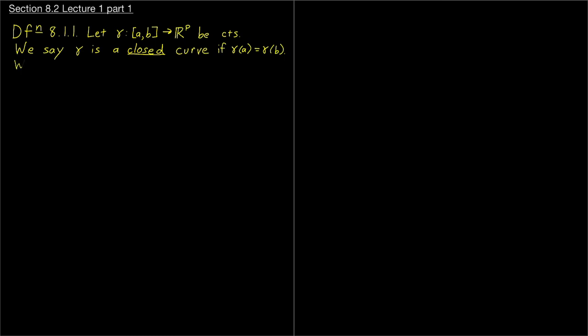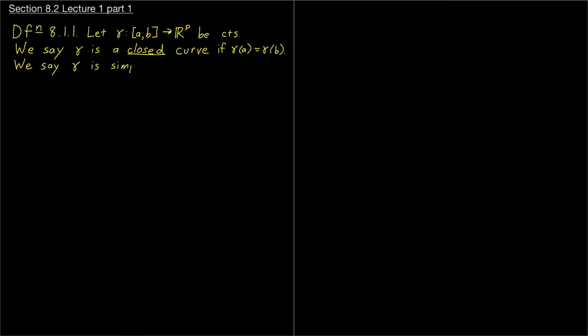And we want to say that gamma is simple if it never overlaps itself, except we want to allow closed curves to count as simple if they never overlap except at the two endpoints.